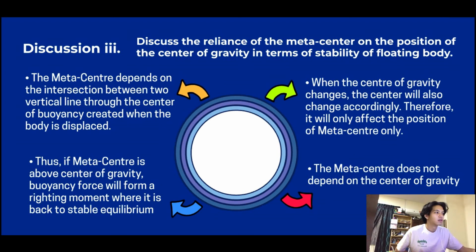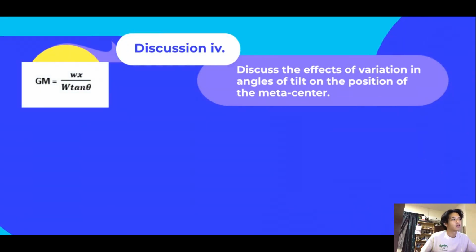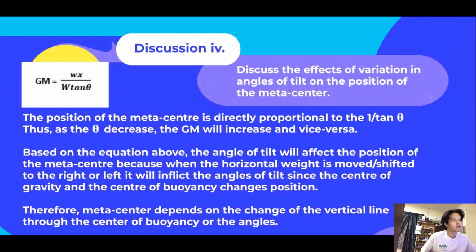Next, discuss the effect of variation in angles of tilt on the position of the metacenter. The position of the metacenter is directly proportional to 1/tan theta based on the equation above. So as theta decreases, the GM will increase, and vice versa. If theta increases, the GM will decrease.